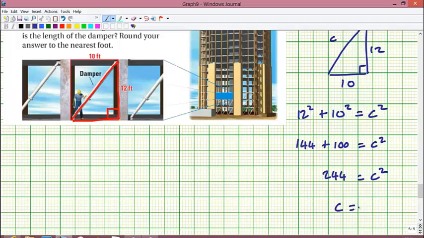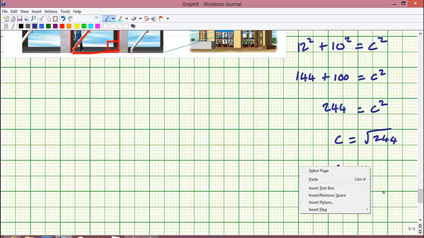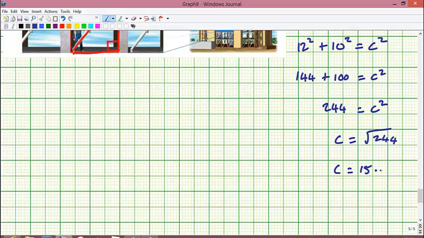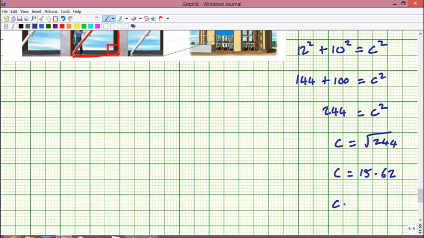C equals the square root of 244. And it says that we have to round our answer so we do not want a radical. Let's calculate that. The square root of 244 is 15.62. It says to the nearest foot, so rounded, c equals 16 feet.